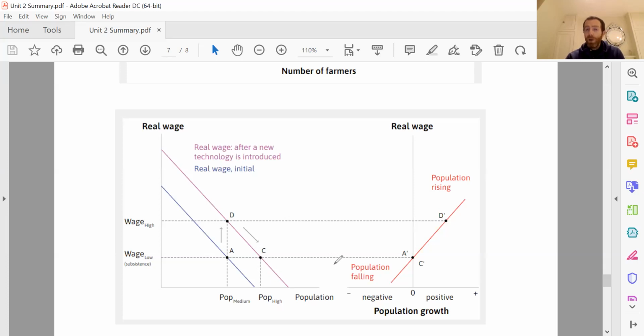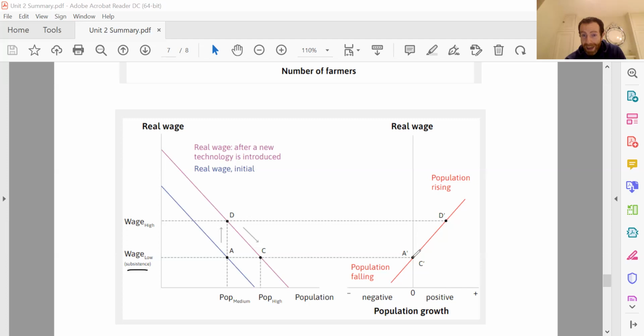If we're in a Malthusian equilibrium, we must be at the subsistence level of wages, and the subsistence level of wages is defined by the level of wage that leads to a constant population. Okay, that's really key. Subsistence level of wages is where we have a constant population, which means population growth is 0.